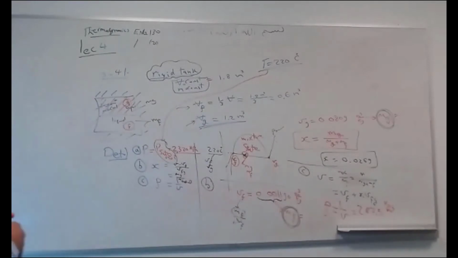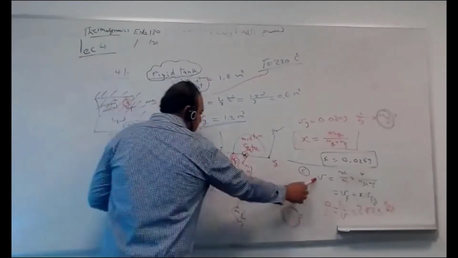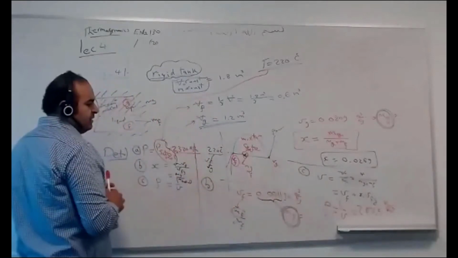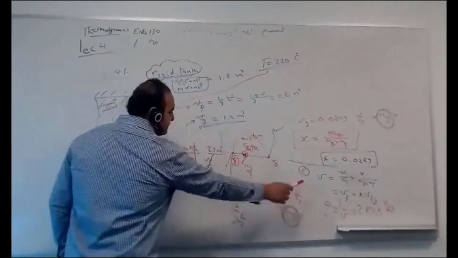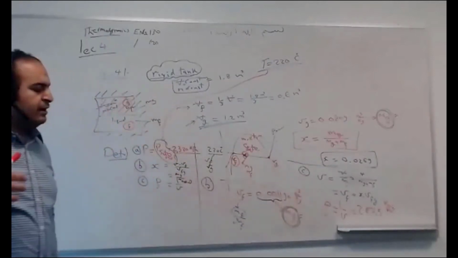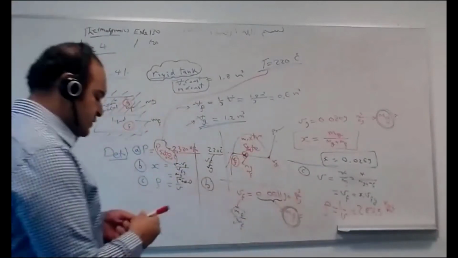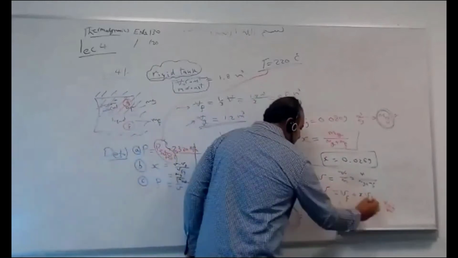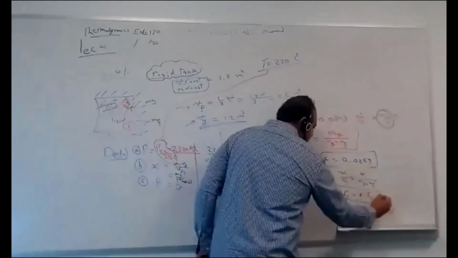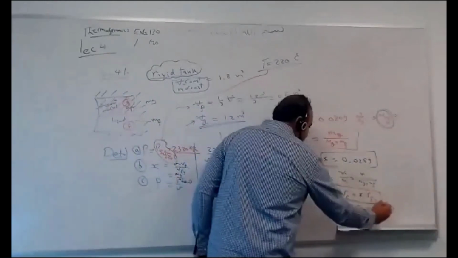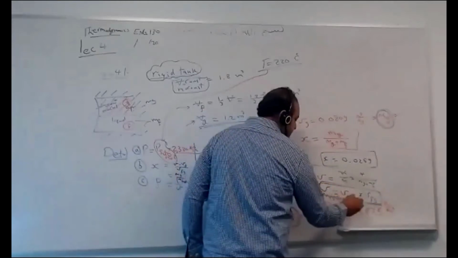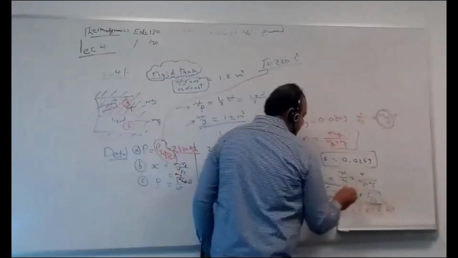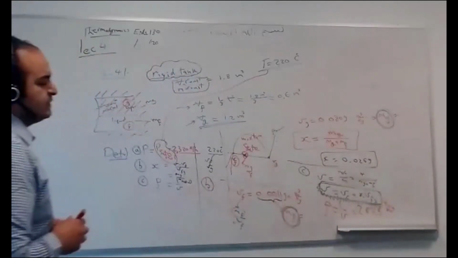Finally, the specific volume is vf plus x vfg. That's the definition we'll derive at the very end. This equation is extremely important. You will see it at the end of the course. Anywhere you have mixture, like steam engines, steam turbines. We're going to take a lot of engines.